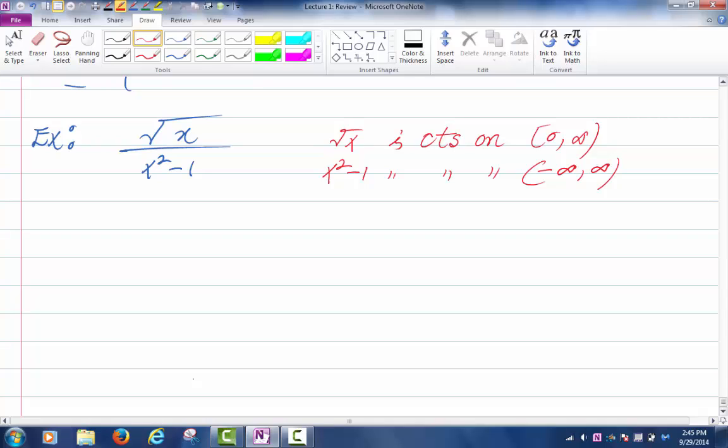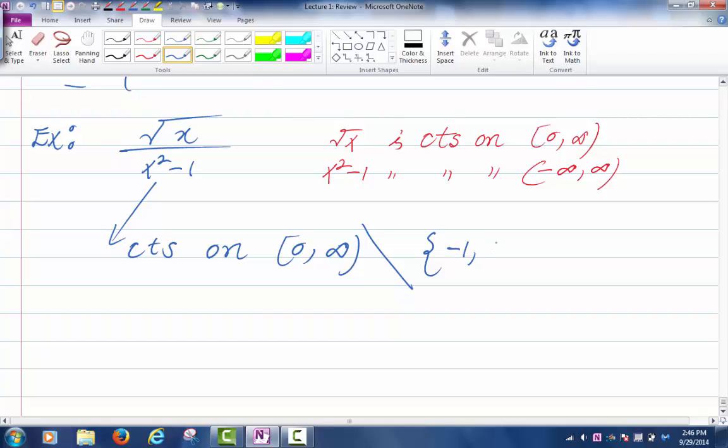So I could say this function is continuous on 0 to infinity, because both the numerator and the denominator are continuous there. So the ratio will be continuous everywhere from 0 to infinity except where the denominator vanishes, right? And the denominator vanishes when x is what? -1 or 1.